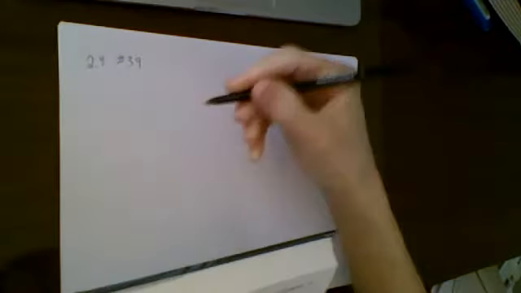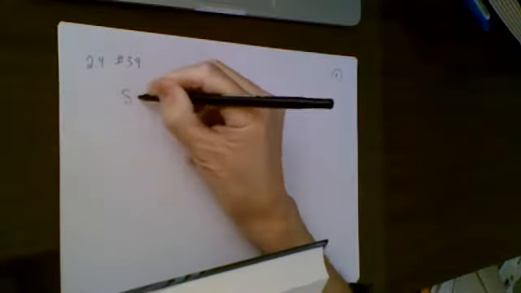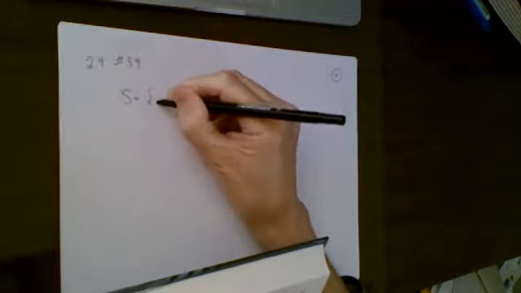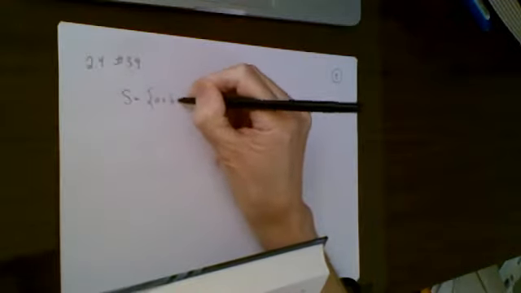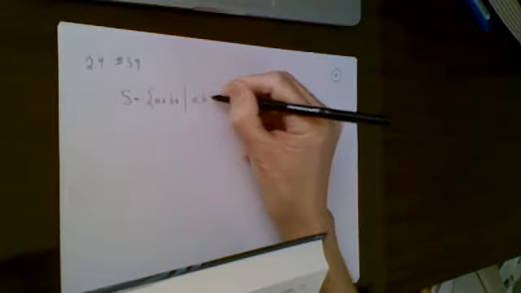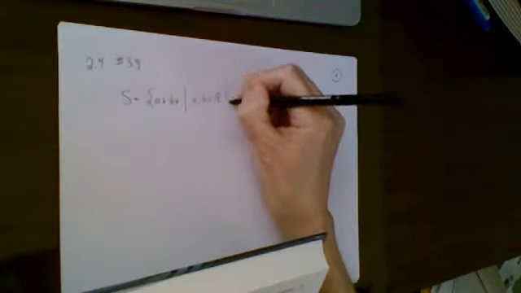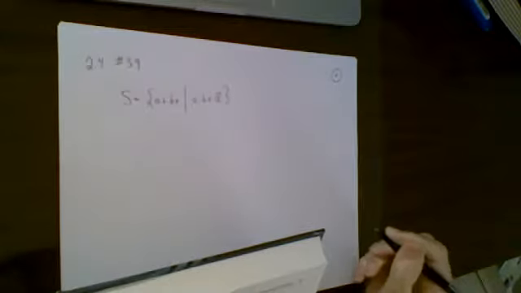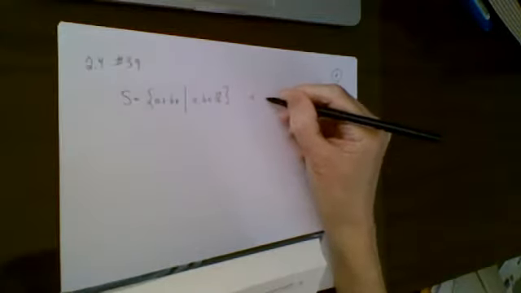In this problem, we want to determine if the set S is closed under the operation. In this set S are the polynomials of degree less than or equal to 1, where the operation is ordinary addition.